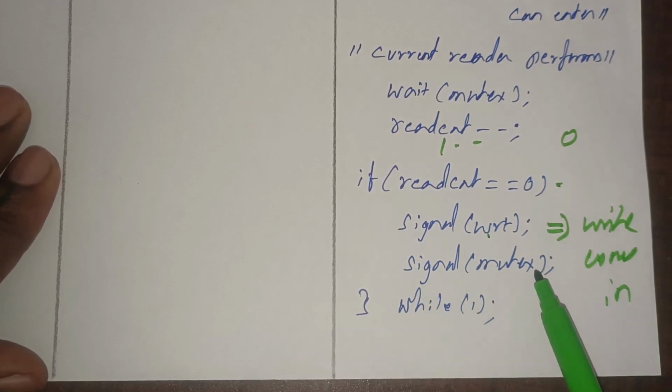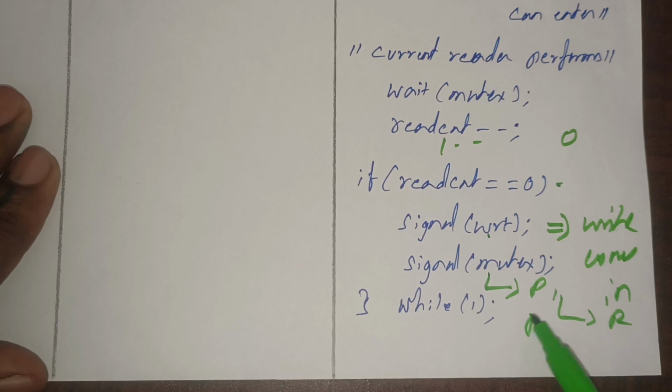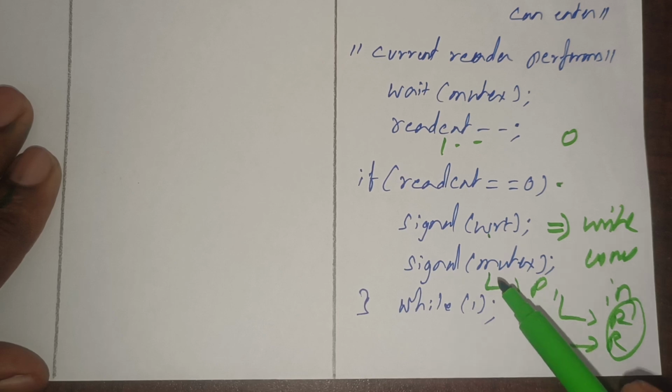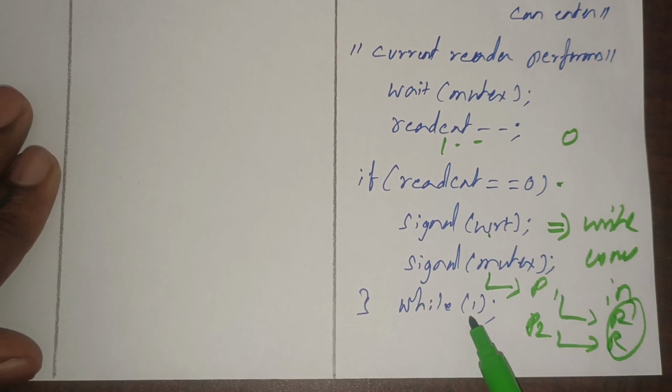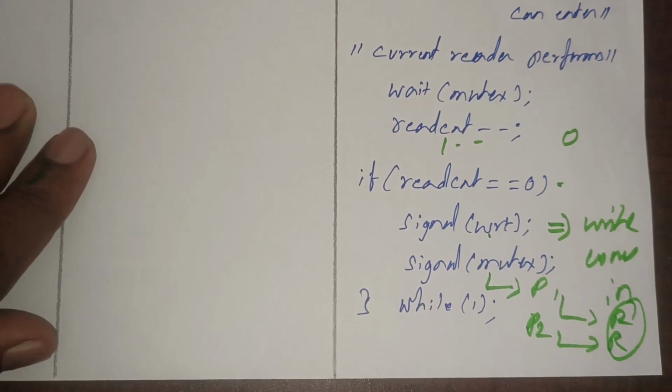The signal is to leave. Whichever processes are inside, process 1 is reading and process 2 is also reading, the signal has been passed and both readers get outside this critical section. The while 1 is true always, so the same condition will keep on working while the loop is true.